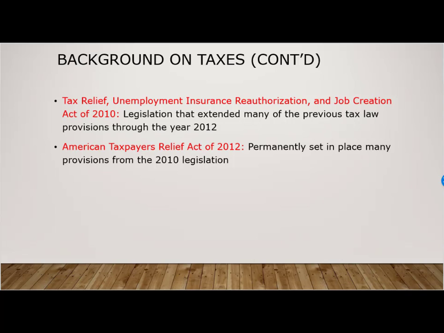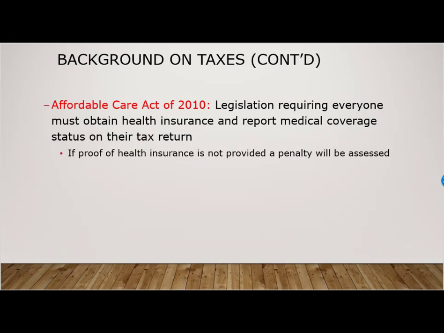Again, this next act, the Tax Relief, Unemployment Insurance Reauthorization and Job Creation Act, was there to extend the provisions from previous tax law to the year 2012. In the American Taxpayers Relief Act, we actually permanently set in place some of the provisions from the 2010 Act.